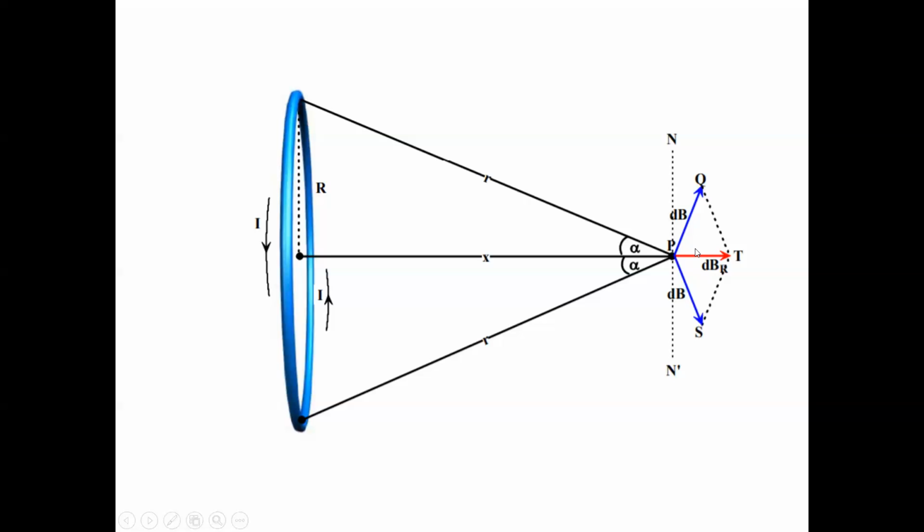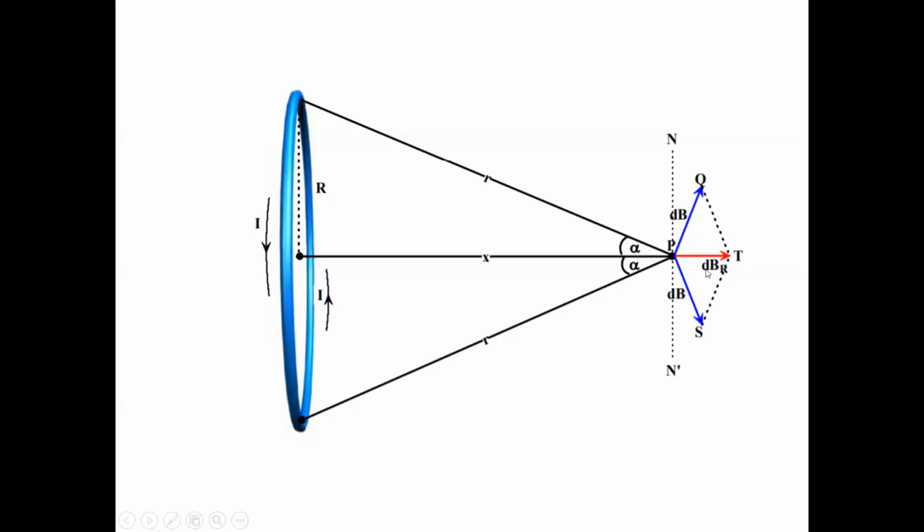In a similar manner, clearly N'PT is equivalent to 90. Clearly N'PS is equivalent to alpha. Therefore, the value of SPT becomes 90 minus alpha.